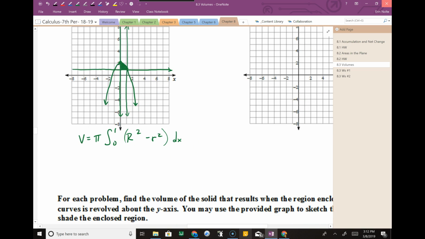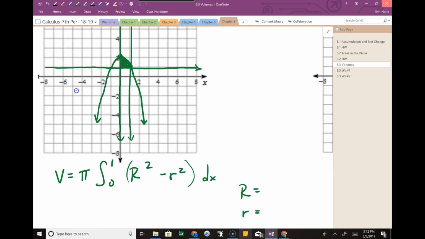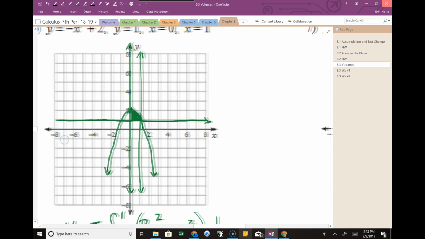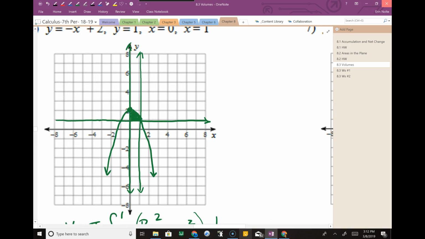Okay, so when you're working with the washer, you have to figure out what the big R length is and what the little r is. Okay, so the big R, let's see if I can draw my picture. Everybody ready? Okay, the big R is the furthest length from the line of revolution to the outer edge of your area.